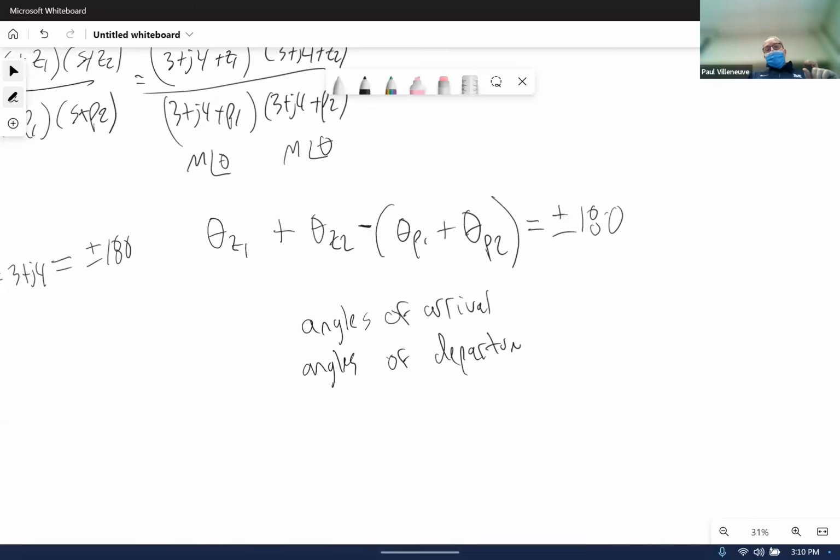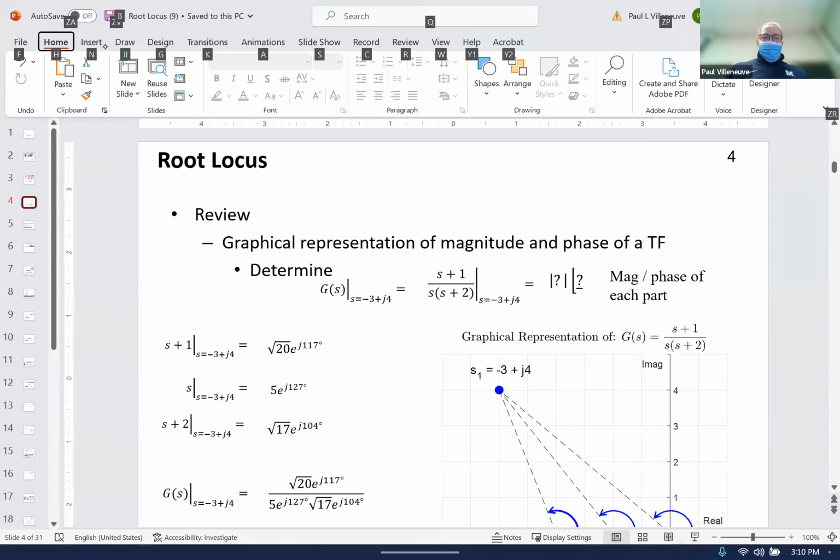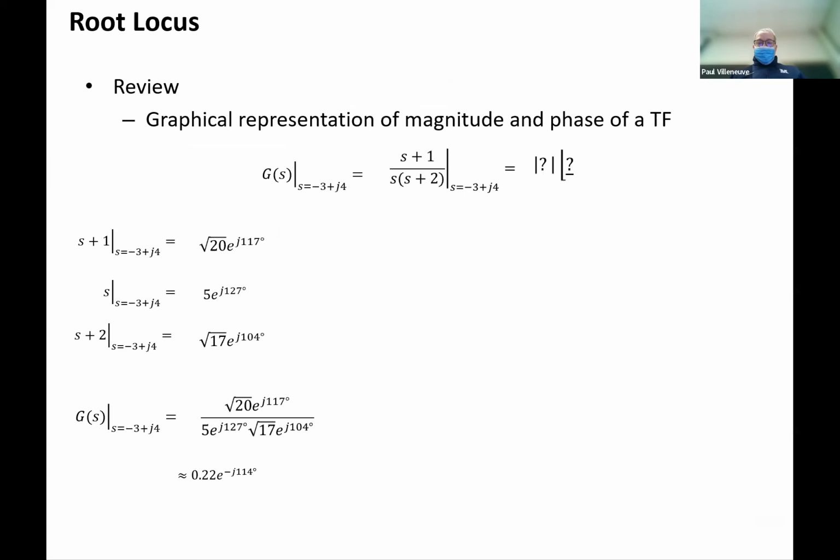And the angle that goes off at has to be determined based on all the other angles in the system. They have to equal plus or minus 180. And that's where we get to here. So I'll do this last slide. I've got a few more minutes. Hopefully it doesn't crash my machine.